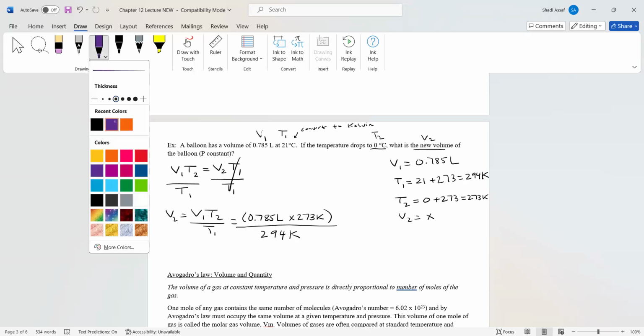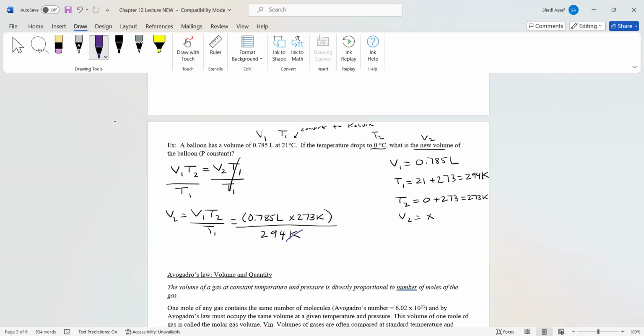So take a minute, look at what we did, divide each side. By the way, get rid of the same units, so here we cancel out the like units, and then the Kelvin would cancel out. And if you do the problem by multiplying what's in the numerator and then dividing the answer by the denominator, you get 0.729 liters.